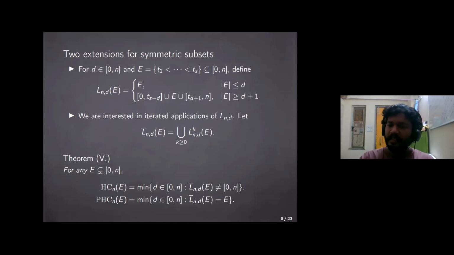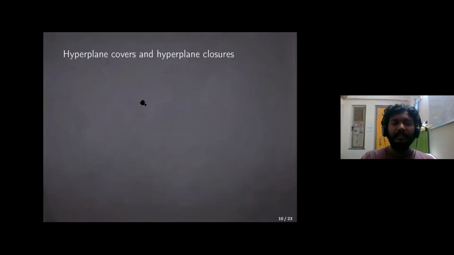At some point, the chain that is generated must stabilize. I will reach a stage where if I apply the operator once again, I'm not going to add any more points. Wherever I stop, that is equal to the hyperplane closure. Okay, that is what this means. So let's go ahead.